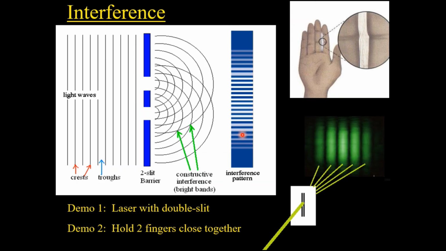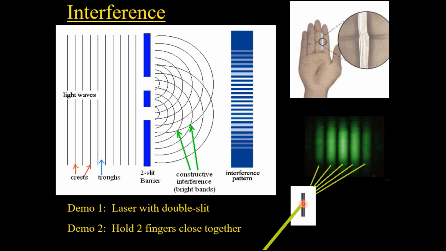So there's a couple of experiments that we typically do in class. One is to shine a laser beam. In this case, it's a bright green laser beam. And notice again, here's our plate or our wall, and notice there are two closely placed slits right next to each other.